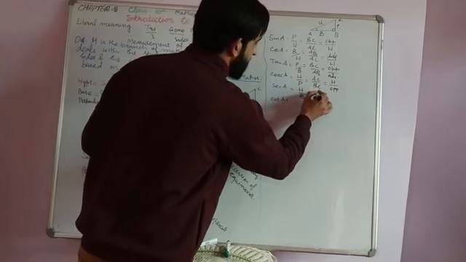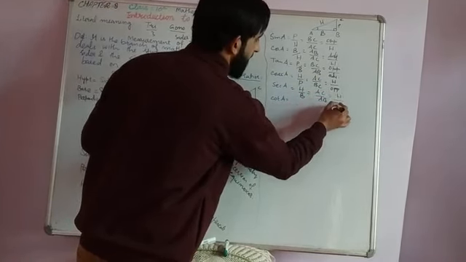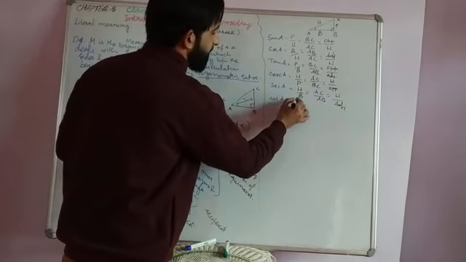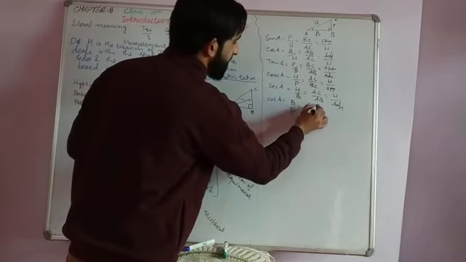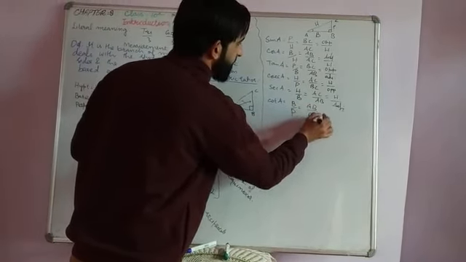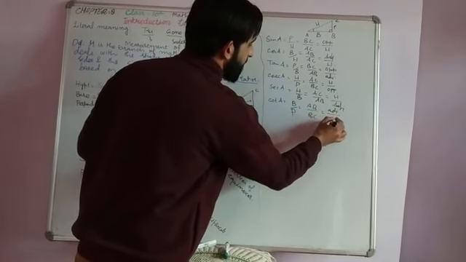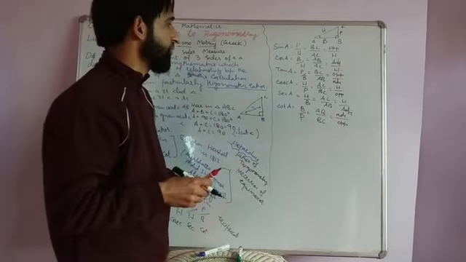Hypotenuse here is AC and the base is AB, that is hypotenuse divided by adjacent side. Similarly, cot A, base upon perpendicular, that is here base AB divided by perpendicular BC, that is adjacent side divided by opposite side. So, this is the trick to calculate 6 trigonometric ratios in a particular triangle.